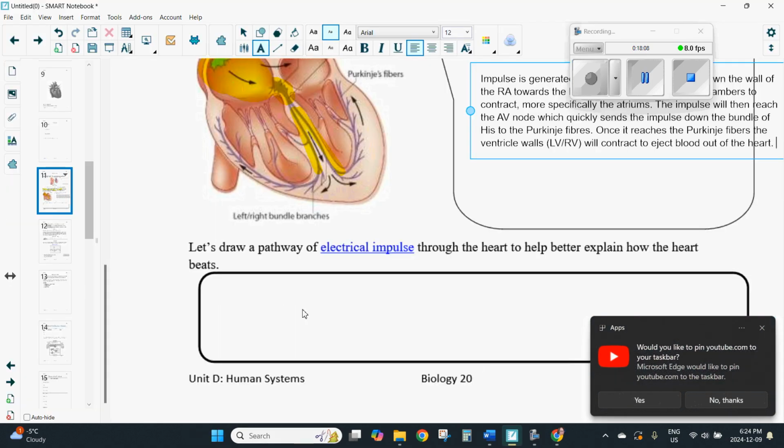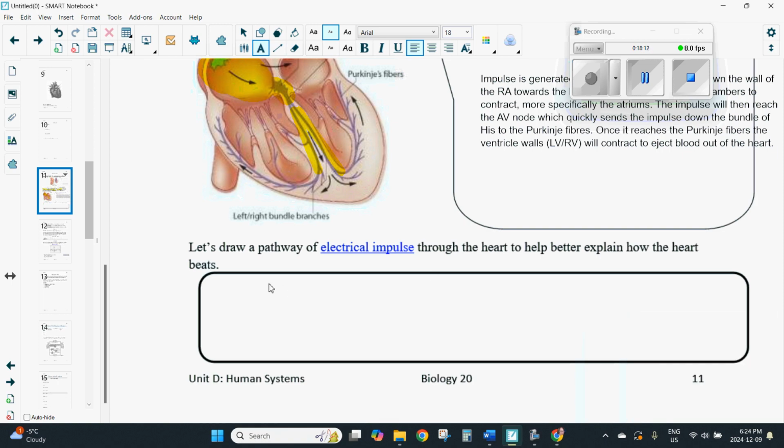And so it will start. So muscles of the atriums are going to contract first. But if we're talking about the electrical impulse in itself, the electrical impulse starts at the SA node, or originates at the SA node.